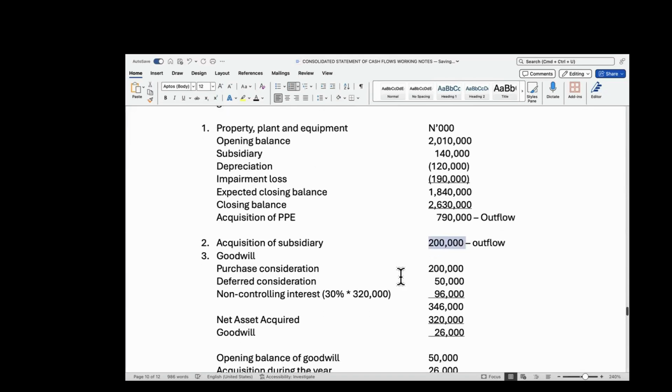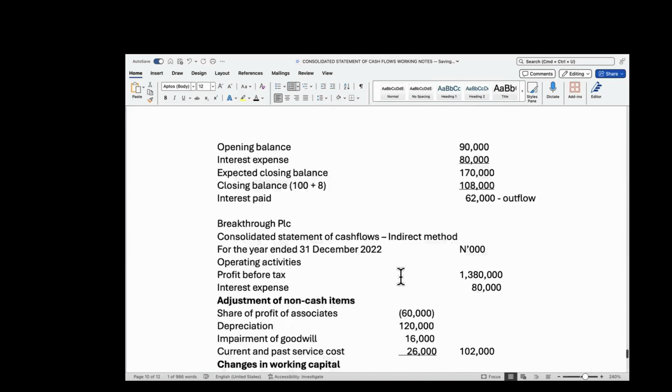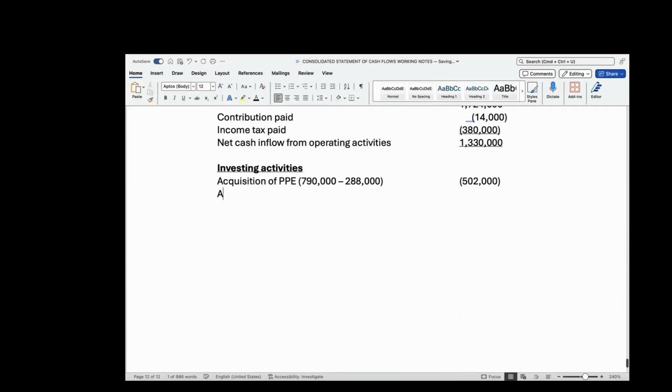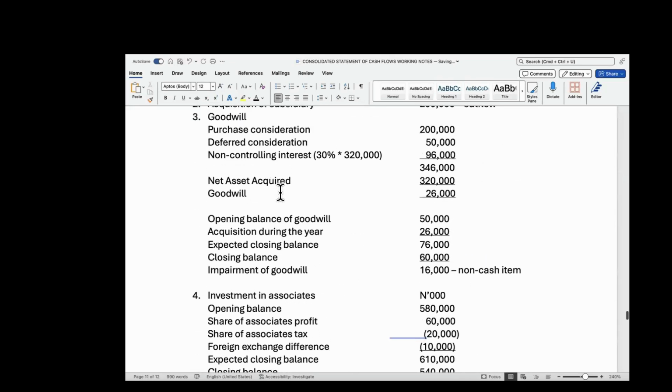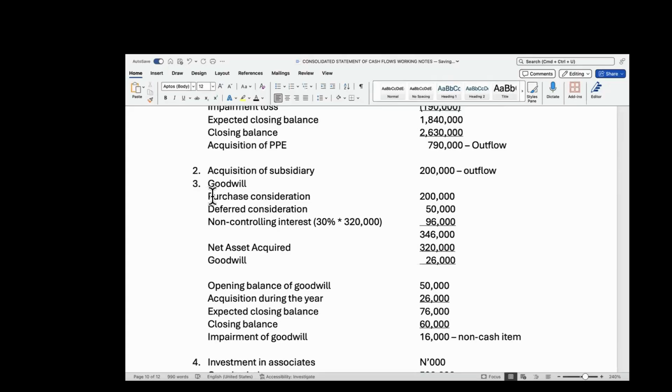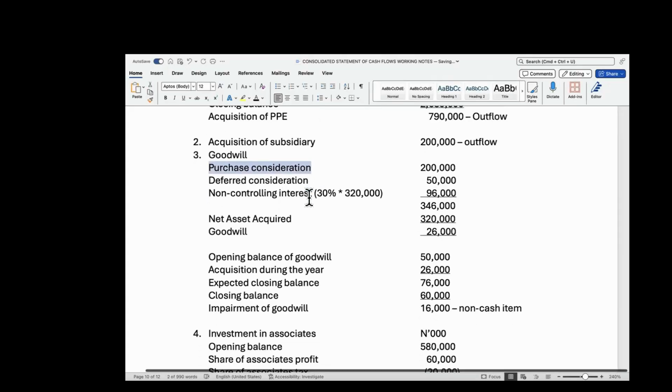Then acquisition of subsidiary 200. After acquisition of subsidiary, we already captured all this.